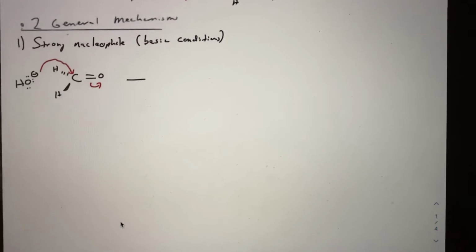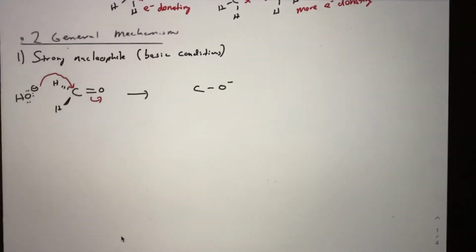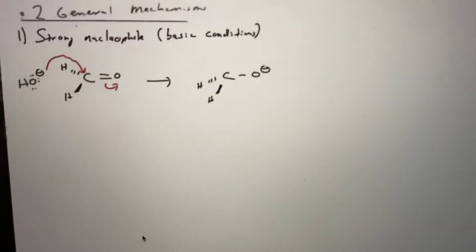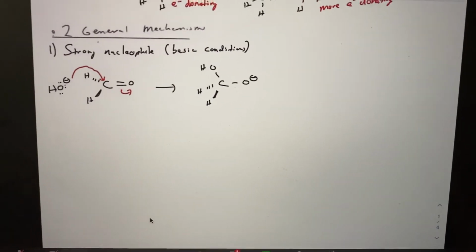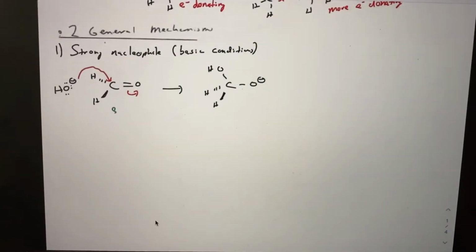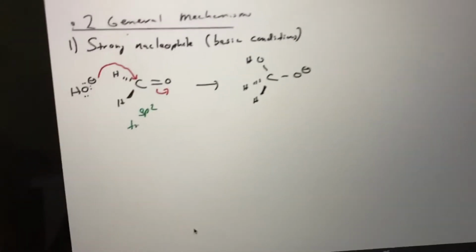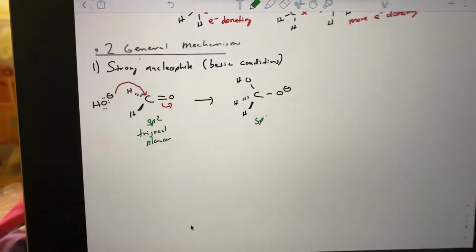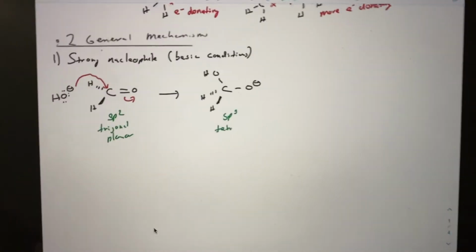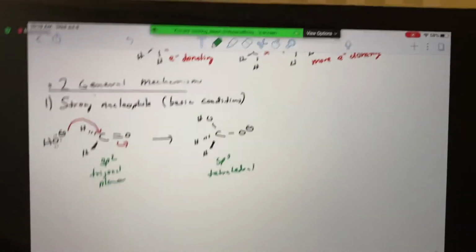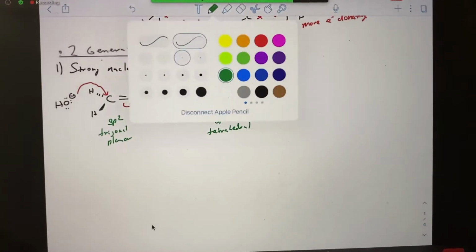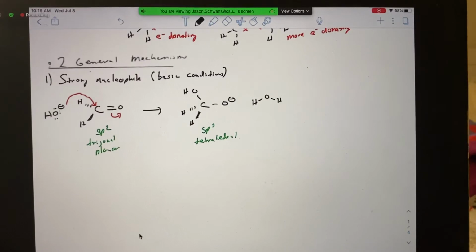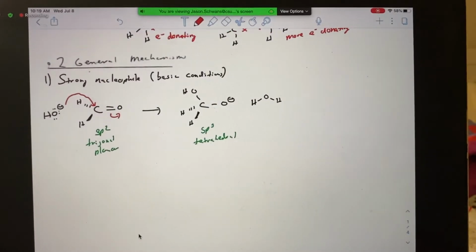And this is going to lead to this intermediate. So CO. Notice now I'm actually drawing these bonds pointing down because the carbon is going from sp2 hybridized trigonal planar to sp3 hybridized tetrahedral. And now to finish this reaction, what we need to do is we're going to protonate that oxygen. Let's have water protonated like this.